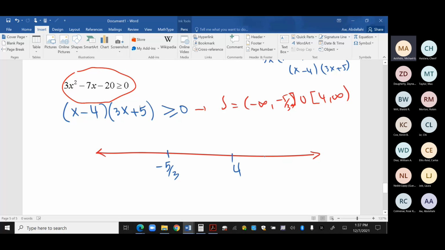For instance, if I test 5 here, 5 minus 4 is positive. 3 times 5 plus 5 is positive, right? Here in between, if I test 0, 0 minus 4 is negative. 3 times 0 plus 5 is positive, so the product is negative. And here, if I test negative 2, I get a positive number, right? So now I'm looking for a positive sign here, plus. That's why I got a plus here.